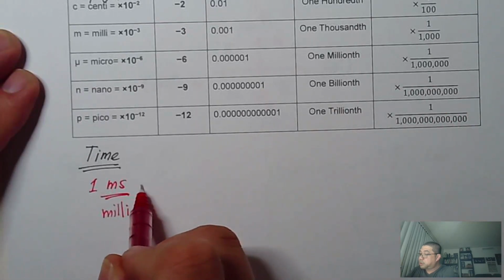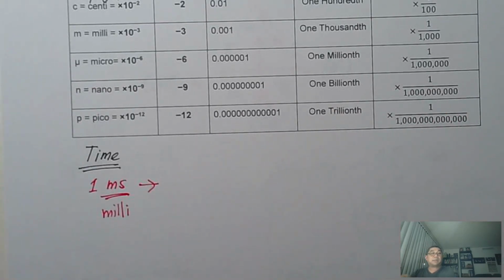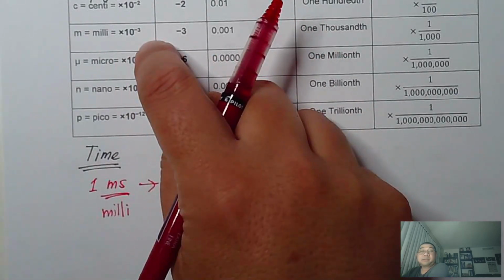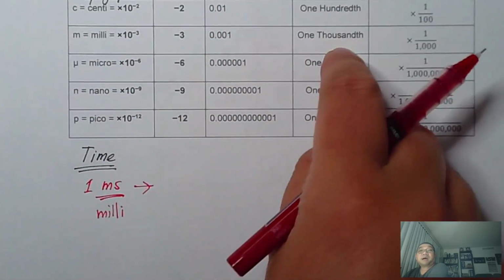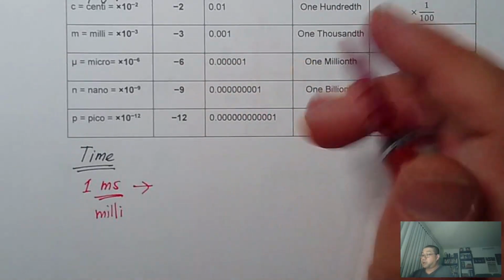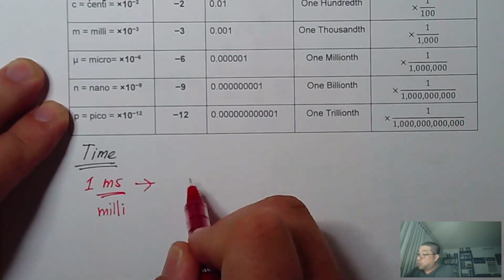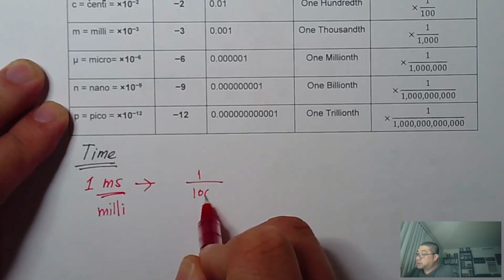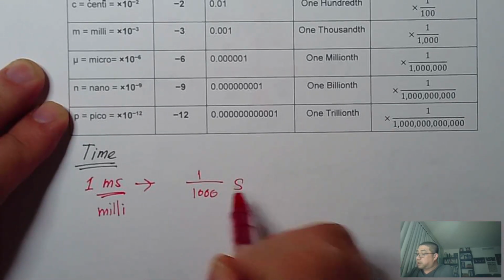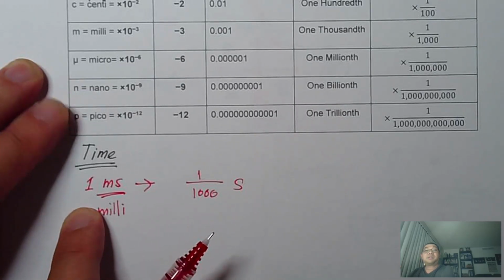Some might say that milli is a million, but it is not. Milli stands for 1,000, so you have to divide by 1,000. That is 1 over 1,000 of a second, so this one will change into decimals.